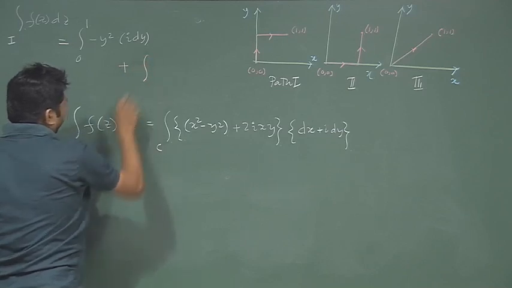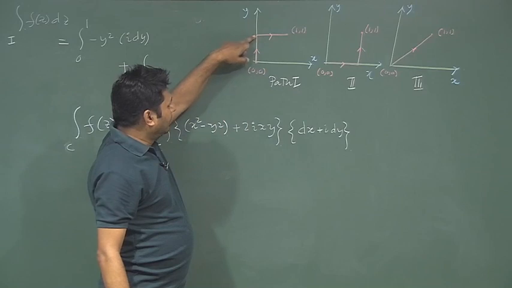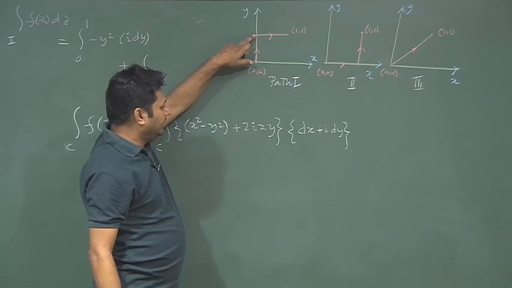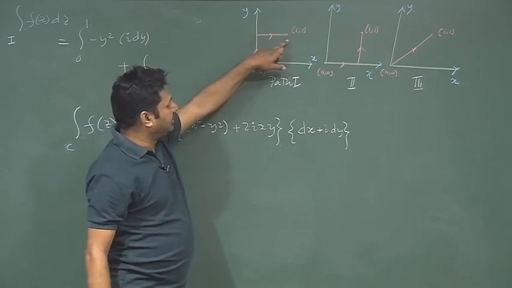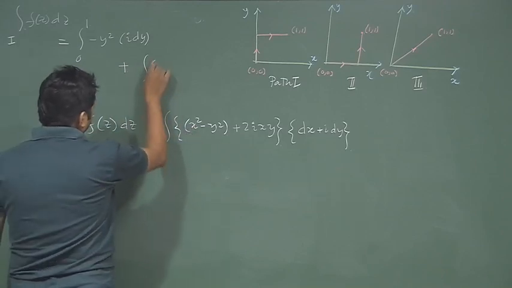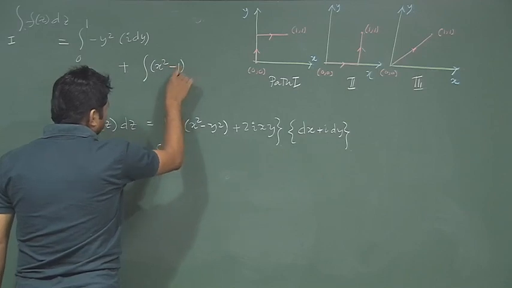In the next part, my y is fixed and this fixed value is 1, and dy is 0, and it is going in this direction. That means my x is changing, y is not changing and has the value 1.